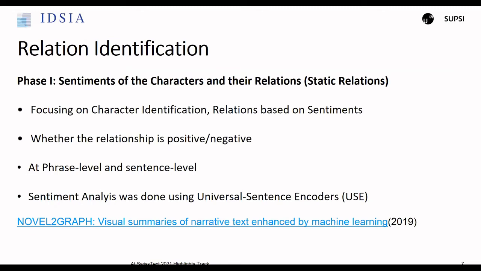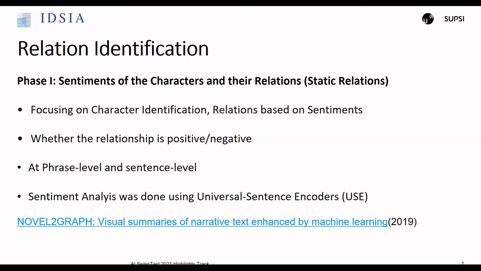In the initial phase of our research, we started with static relationships. First was to identify the sentiments of the characters and the relationship sentiments. We wanted to know whether a character is positive or negative in a particular story or series, and also the relationship between the characters.